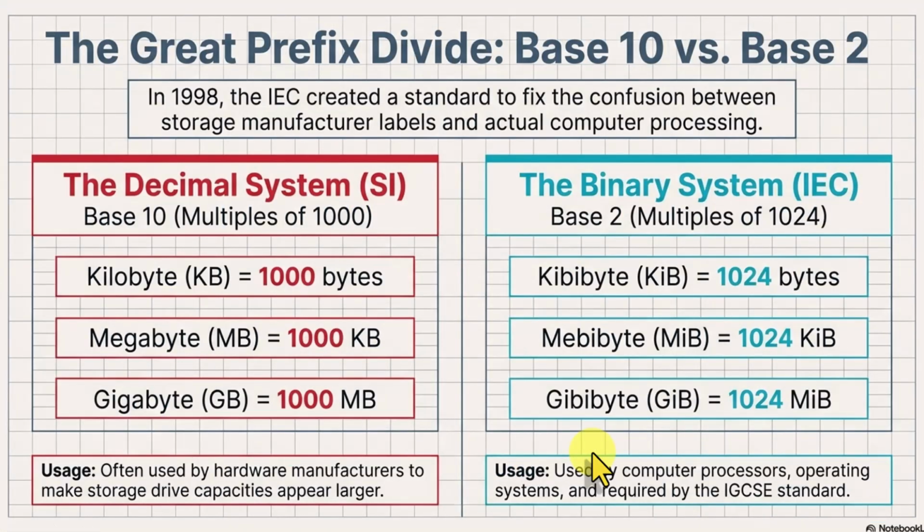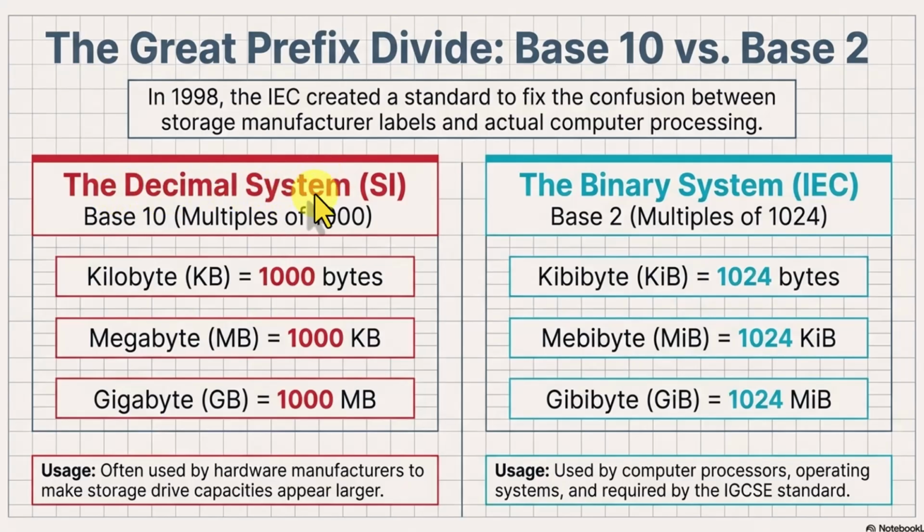The other thing, which students mostly make mistakes in, is the prefixes, kilo and kibi. What is the difference between them? Kilo is base 10, while kibi is base 2. So remember that. In 1998, the IEC created a standard to fix the confusion between storage manufacturer labels and actual computer processing.